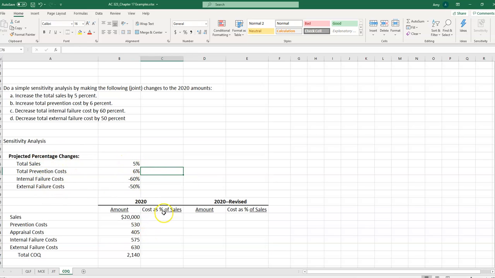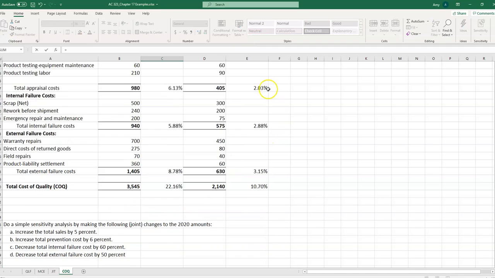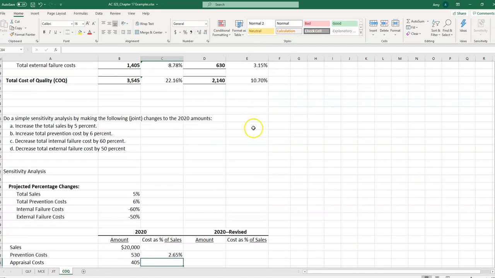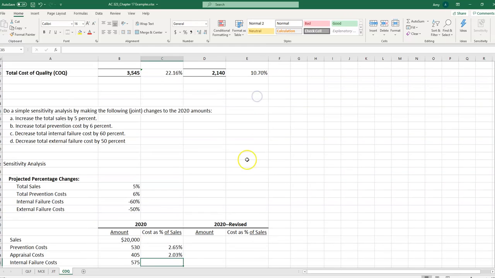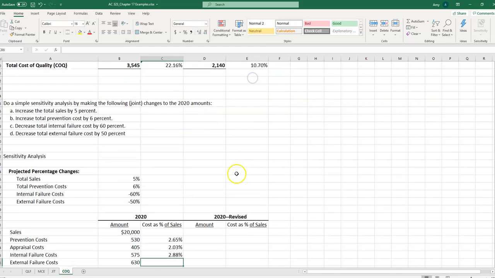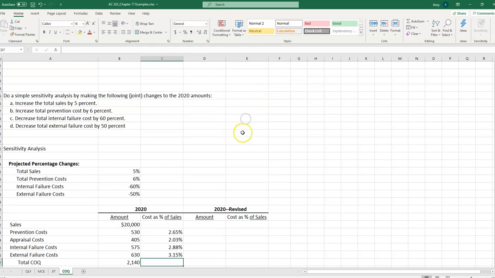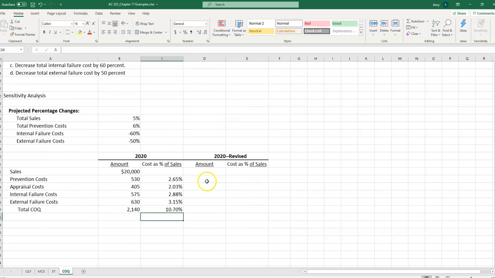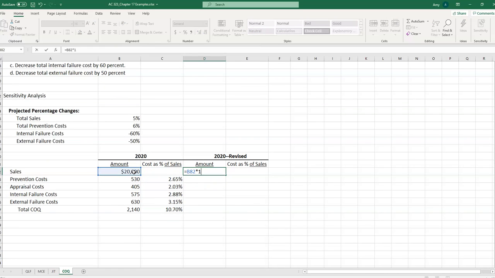So what if all of this stuff happened? If we have an increase of 5% in sales, so sales times 1.05, we have an increase in total prevention costs of 6%.